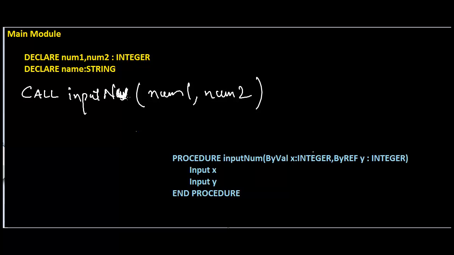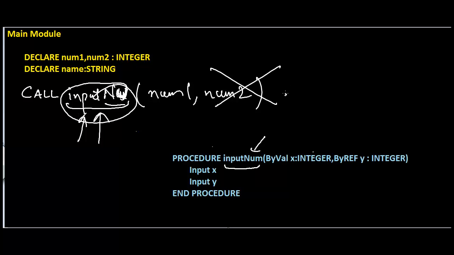Obviously this will not be accepted, because the compiler is going to look for a procedure called input nu, whereas the identifier of the procedure is input num, and here we've typed nu only. Because this is an invalid identifier, there is no procedure that exists with this name, so this call is going to be rejected by the compiler.